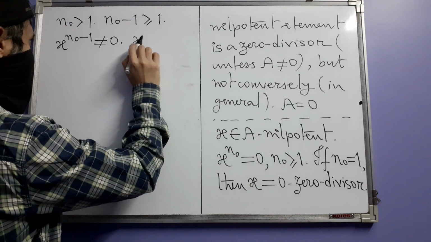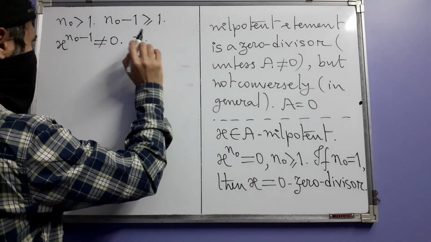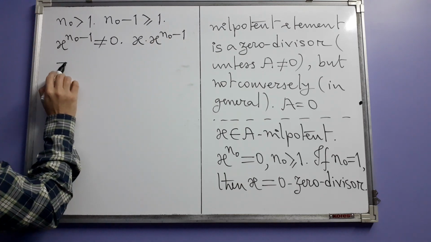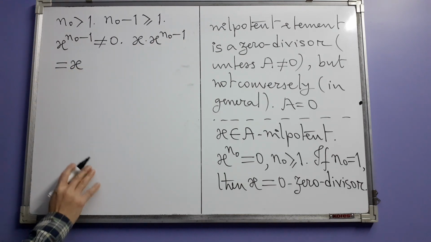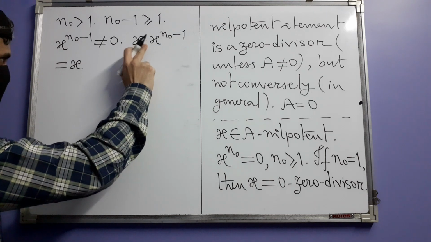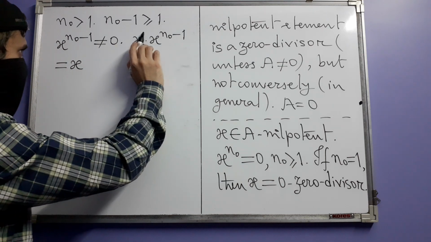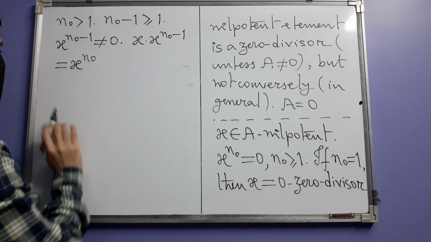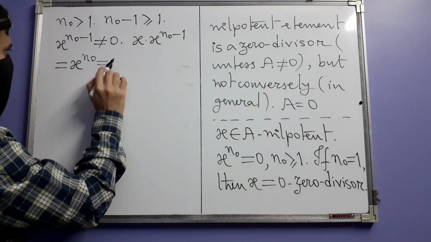However, what is this? X times this. By rules of exponents, which are true in a ring for the multiplication operation, as long as your exponents are positive, this is equal to x to the n naught, and that is equal to 0.